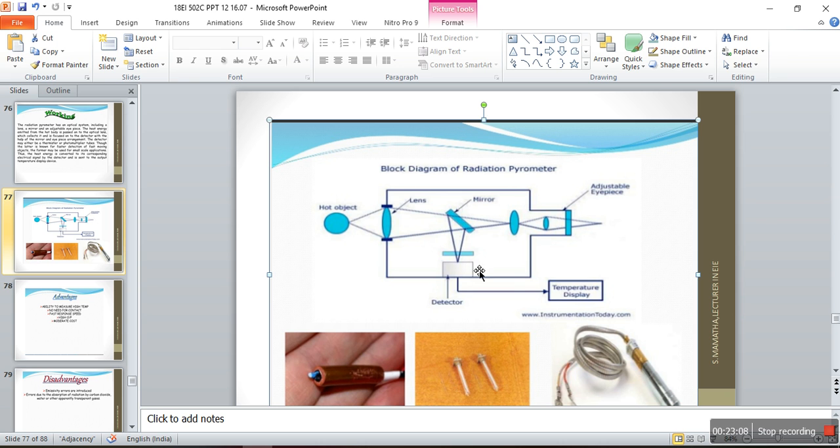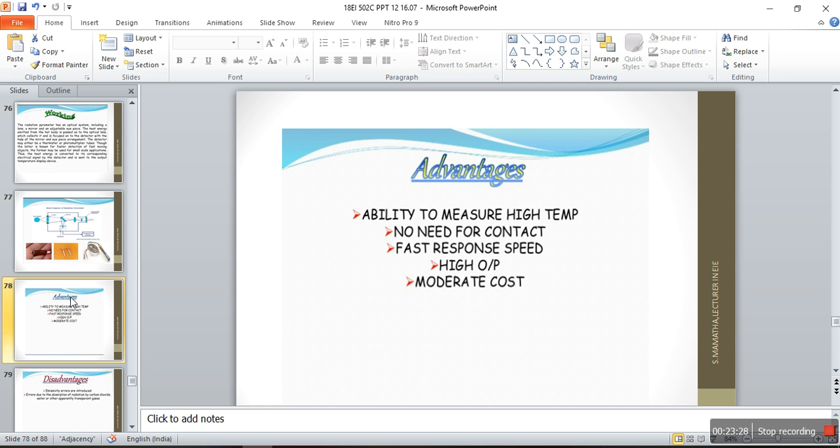These temperature detectors are thermistors or photomultiplier tubes, which directly display the temperature value. This is the radiation type of pyrometer.